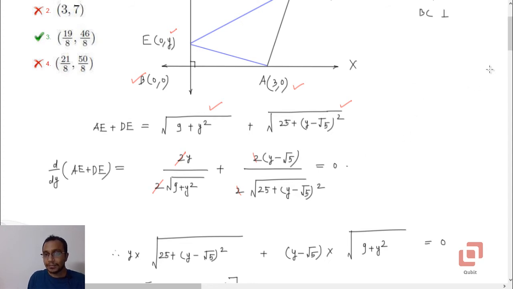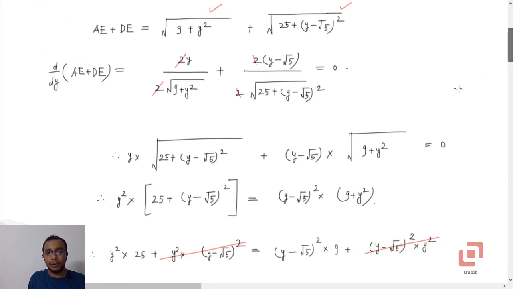The next thing you should do is take any one of these two terms to the right hand side and square. Squaring will get rid of the negative sign, so we will now have y squared into (25 plus (y minus root 5) squared) equal to (y minus root 5) squared into (9 plus y squared).